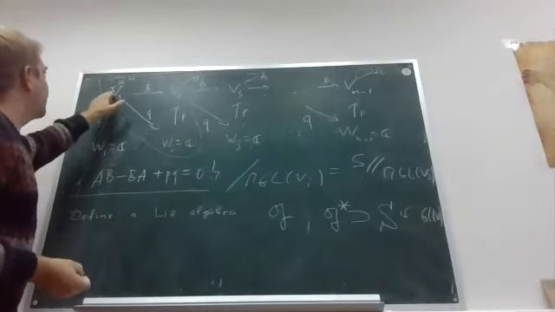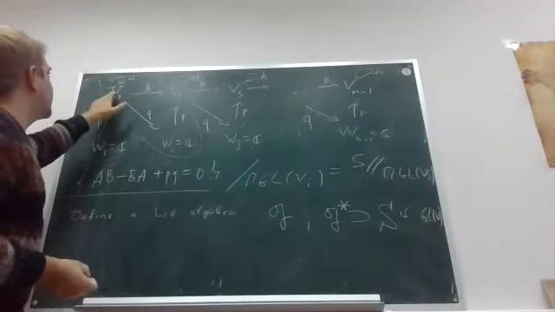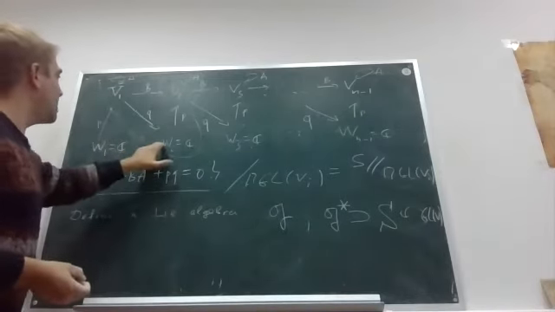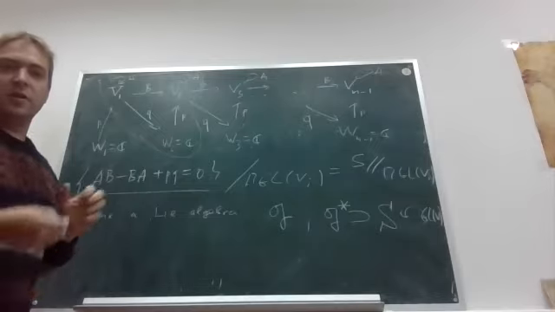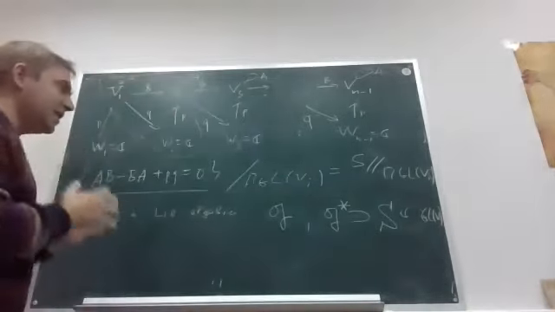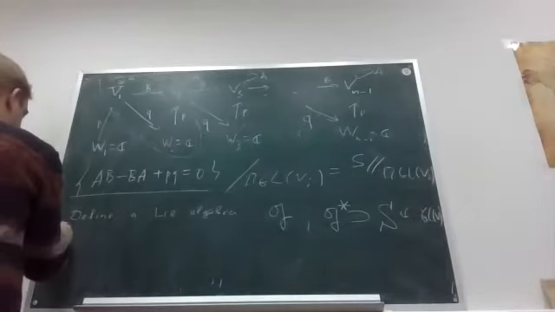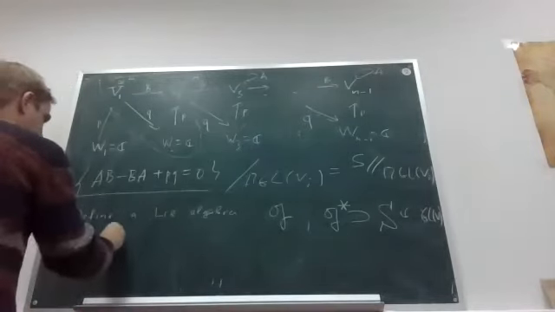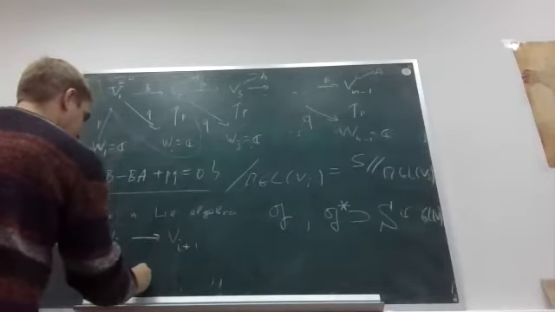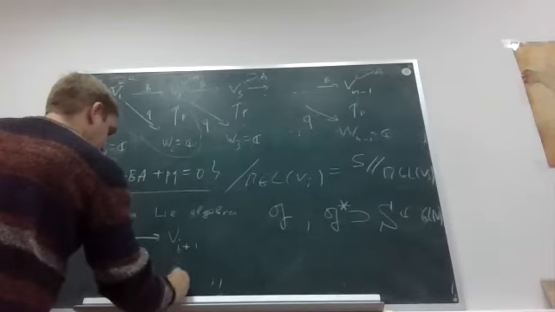For any triangle with the vertices Vi, Vi plus 1 and Wi plus 1, I assign a Lie algebra.